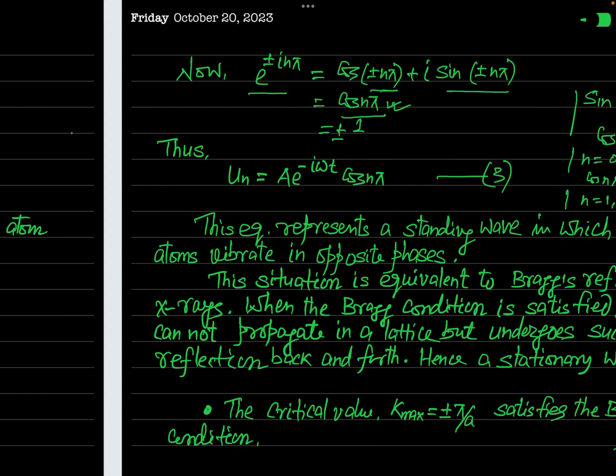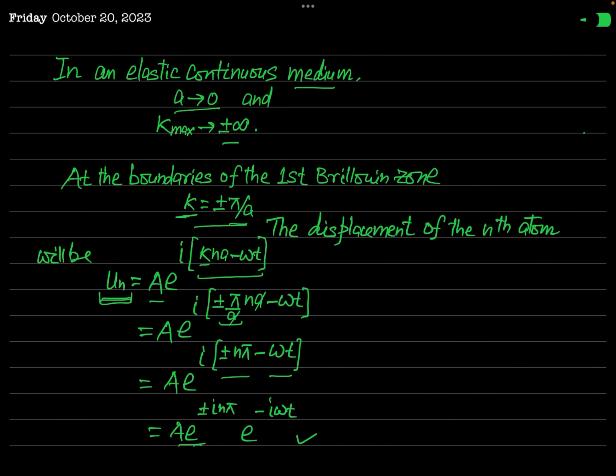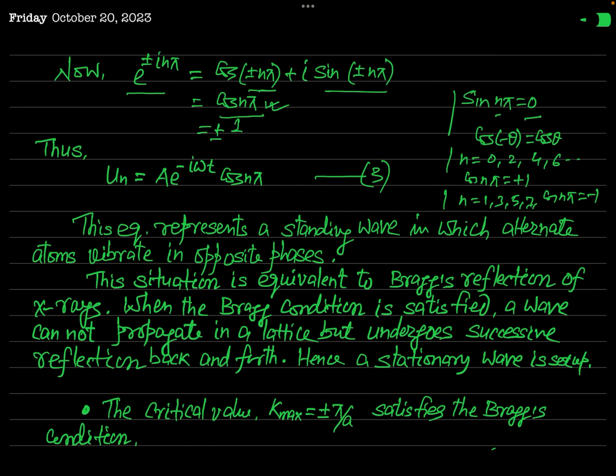And so this equation, which I have mentioned here, can be written as, instead of e to the power plus minus i n pi, we can now write cos n pi or plus minus 1. You can also write it equivalently as plus minus a e to the power minus i omega t.